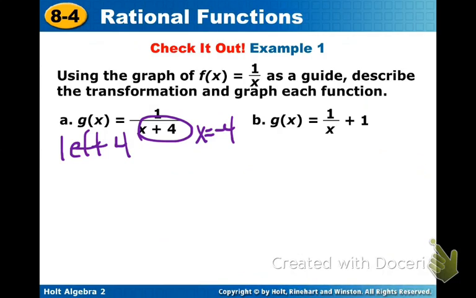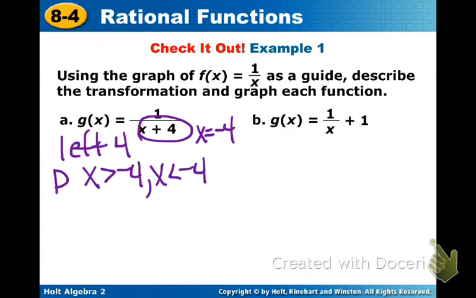So what now is our new domain? x greater than negative 4, x less than negative 4.